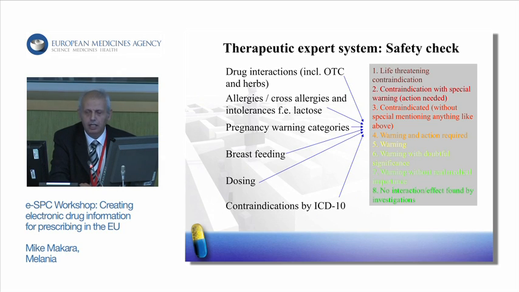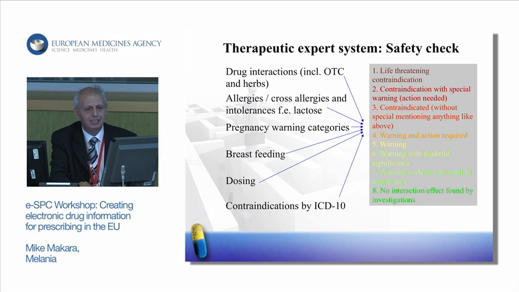We had a several-level warning system. The first three are used for contraindications. The first is life-threatening contraindication. If somebody has a contraindication and the medicine won't work, it's not usually a life-threatening event. The second is the contraindication where a doctor must do something if he gives these two drugs together. There are that kind of contraindications. The third is the normal contraindication.